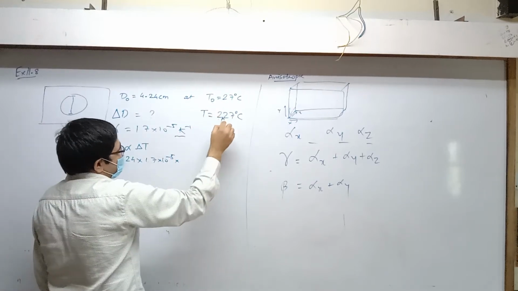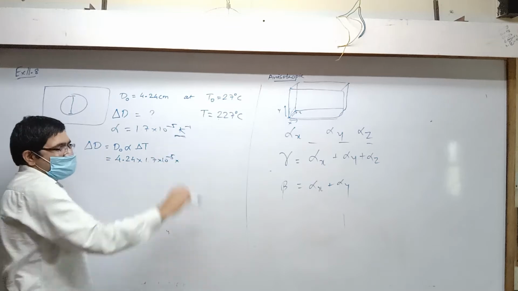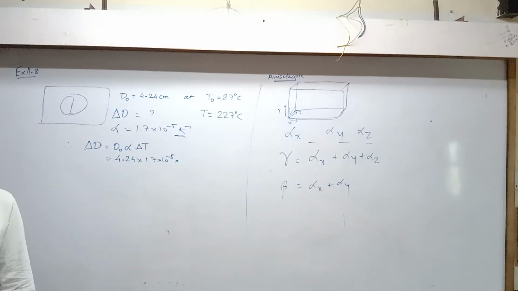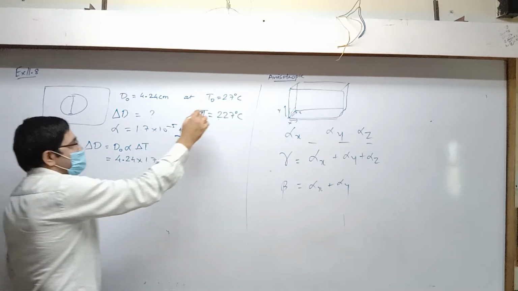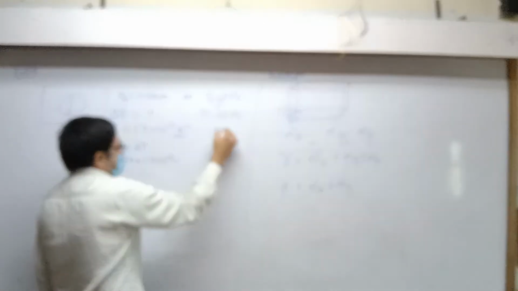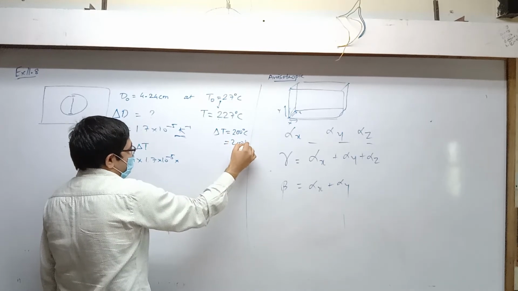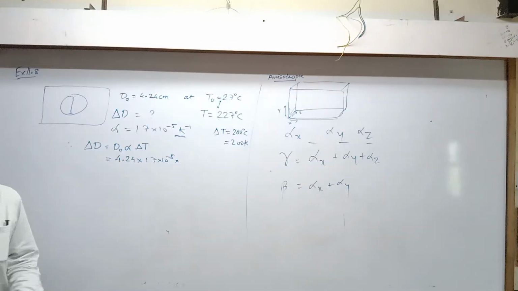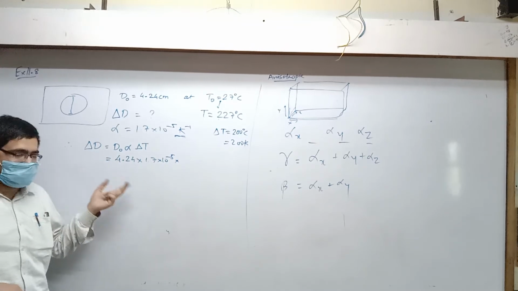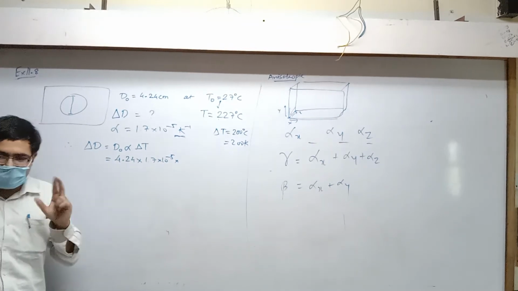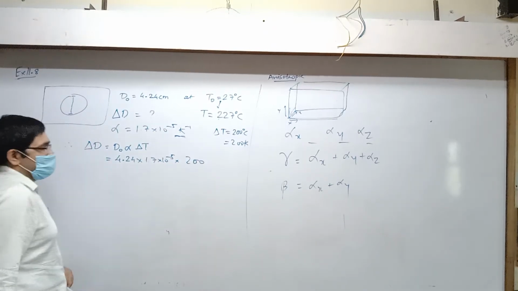If you subtract these, you get 200 degrees Celsius. But for the Kelvin value, do we need to change? No. Correct, because this is the temperature difference. The temperature difference in Celsius and in Kelvin does not make any difference. Clear or not clear? The temperature difference in Celsius and the temperature difference in Kelvin are equal.